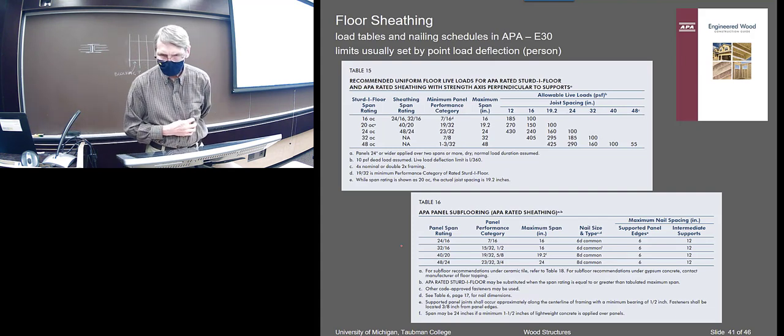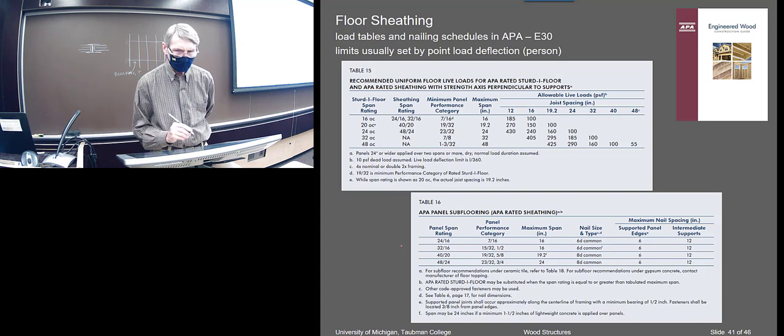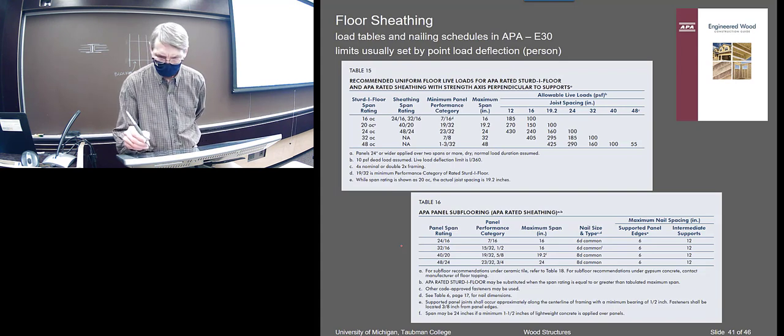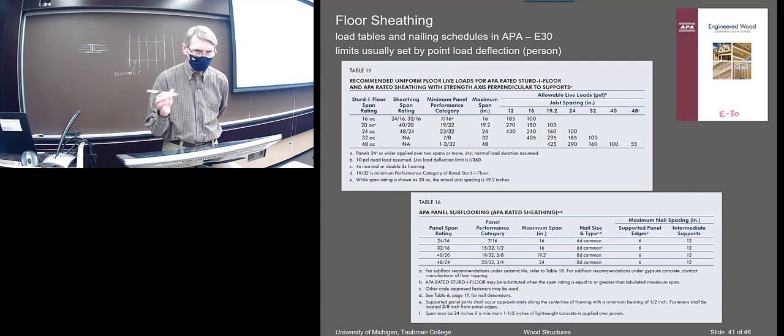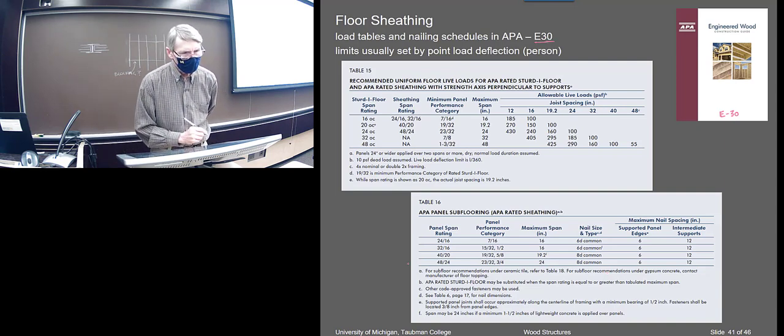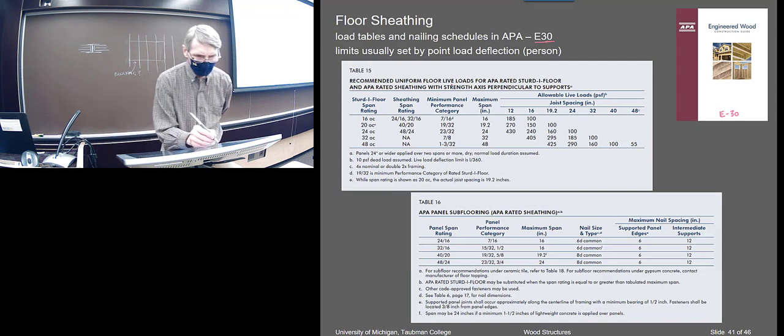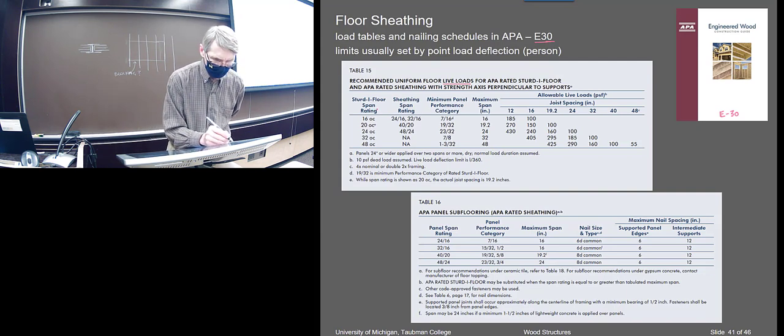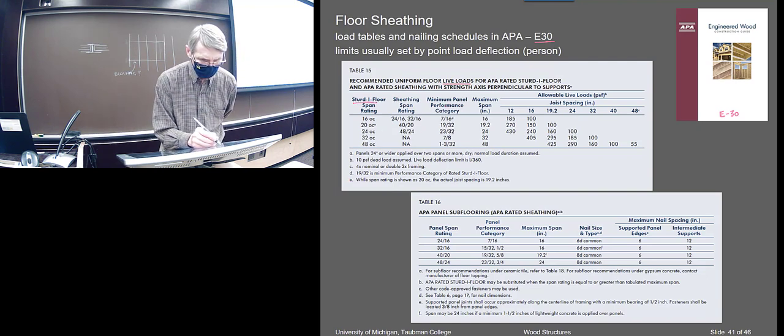Okay, so we talk a little bit more about floors here. This is coming out of the E30, isn't it? Looks like it. That guide has the different sections in it, and this is on the flooring. So just a table that gives live loads, right? This is your sturdy floor, and this is the other sheathing thicknesses.